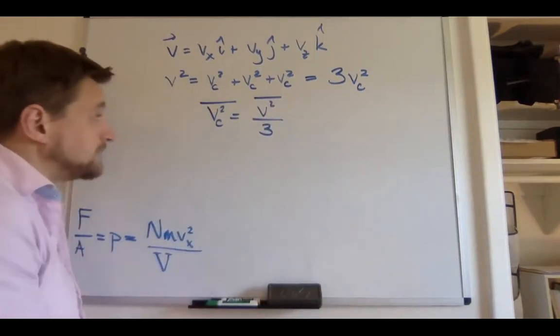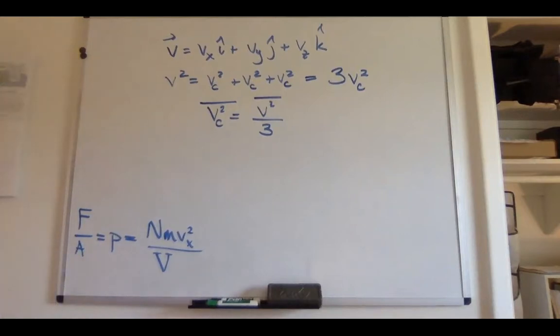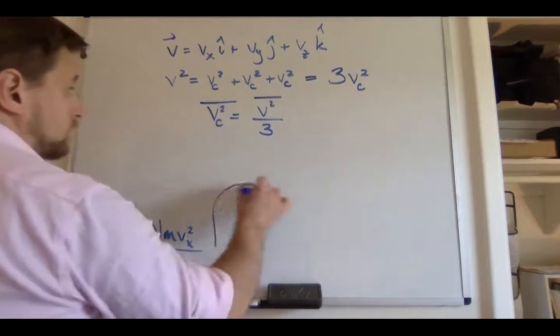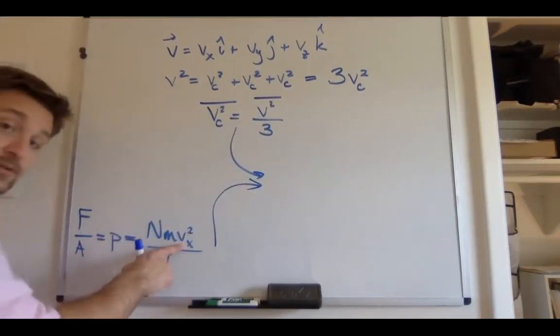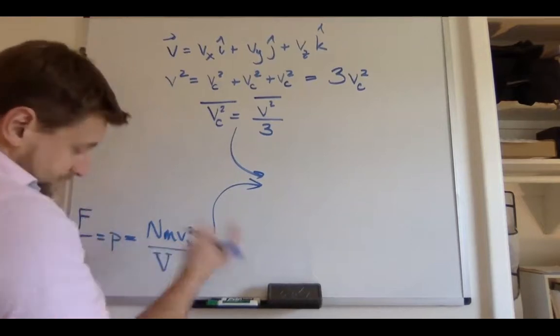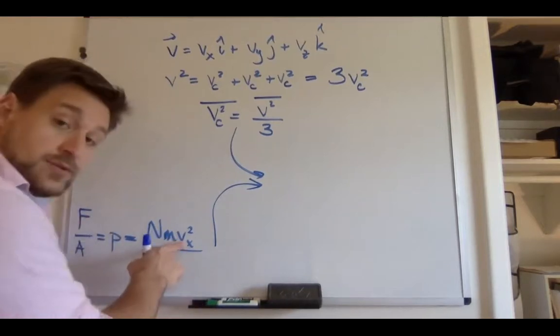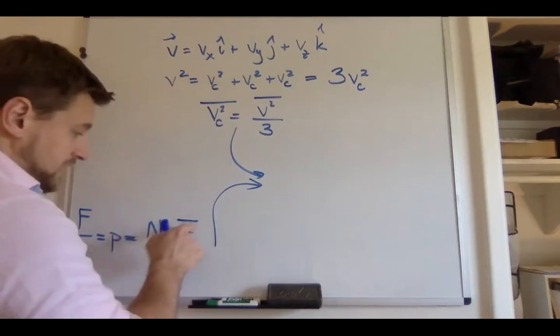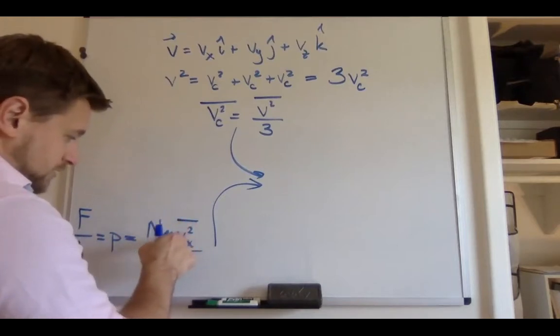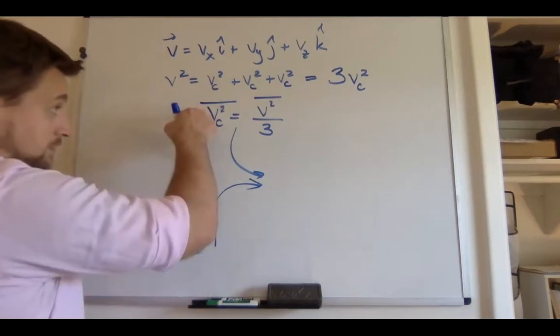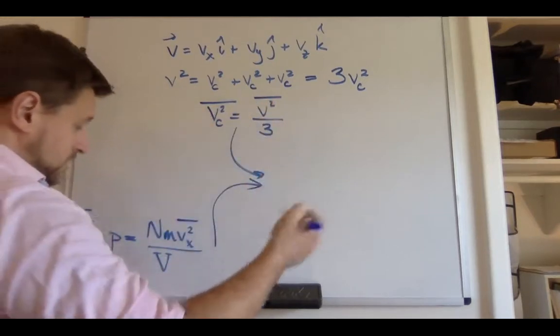We can't tell the difference. Put that together: this x component that we're talking about here, well, there's not only one speed, there's an average, and the average square component speed is a third of the average square speed.